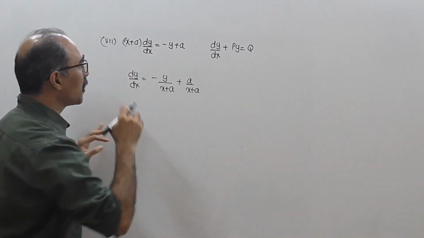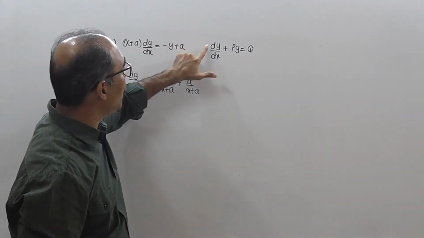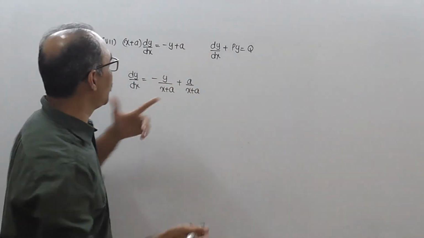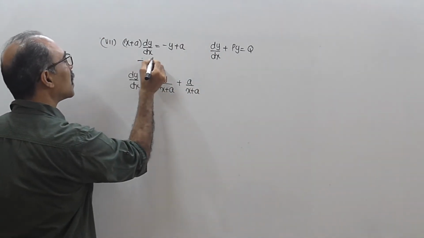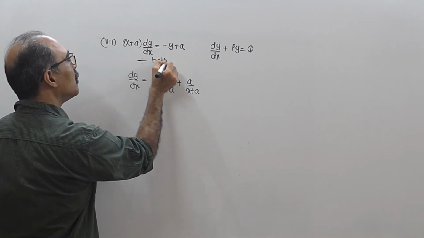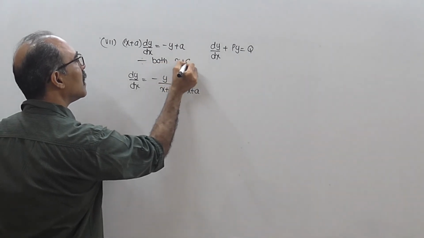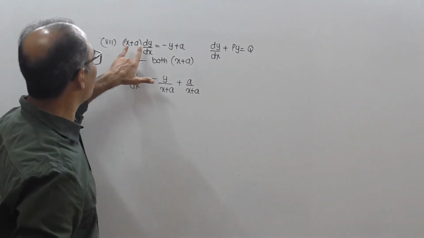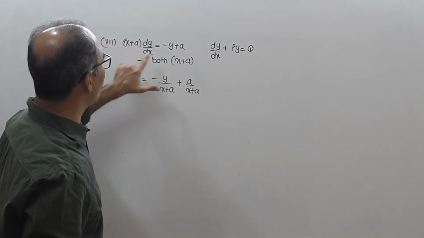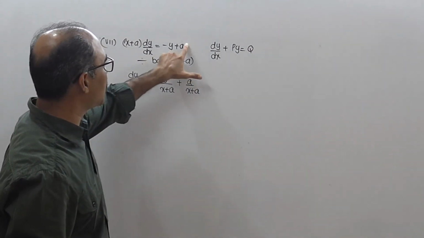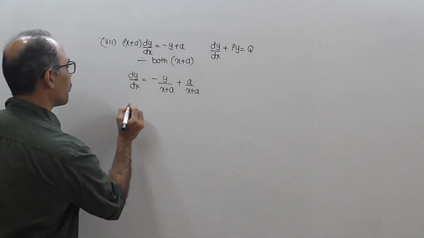Why? Because in my format dy by dx is alone. So instead of remembering like that, you can remember it as divide both sides by x plus a. Fine. So x plus a upon x plus a cancels, this becomes minus y upon x plus a, and this becomes a upon x plus a.